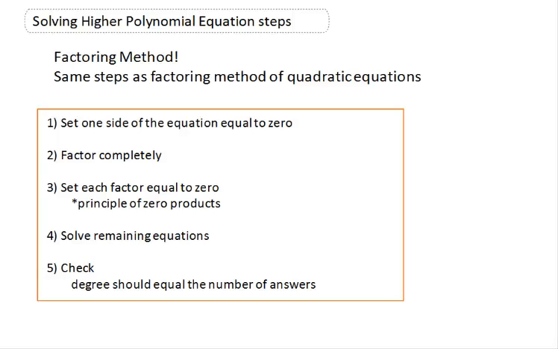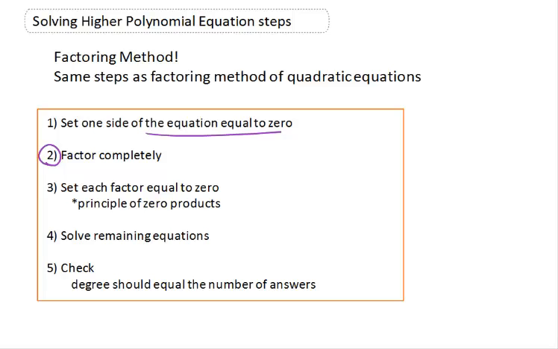The steps of solving those higher polynomials are actually the exact same steps of the factoring method when we solve quadratic equations. So first we set one side of our equation equal to 0, and remember the other side we went in descending order. That makes our step number 2 of factoring completely easier.